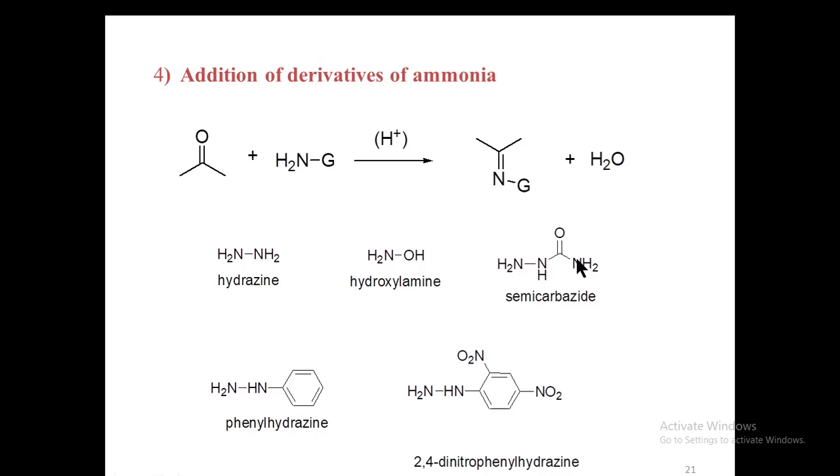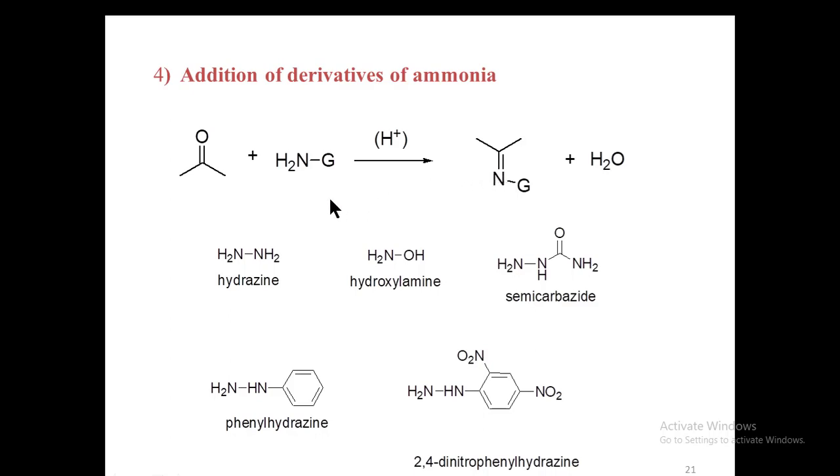Next is addition of ammonia. Look at this. Ammonia can be added. This one is NH2G. Now, if it is R, this is an imine.